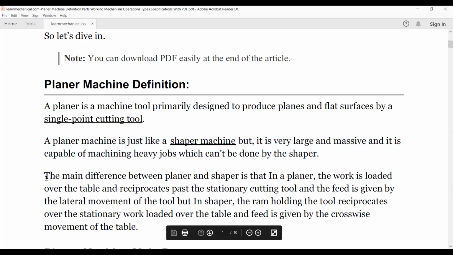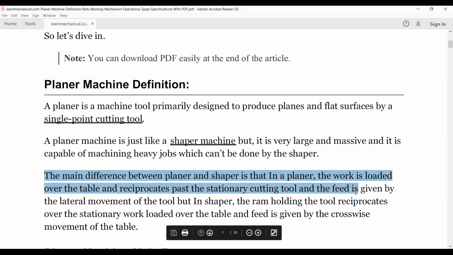You can see the main difference between the planer and shaper is that in the planer the work is loaded over the table and reciprocates past the stationary cutting tool, and feed is given by the lateral movement of the tool.